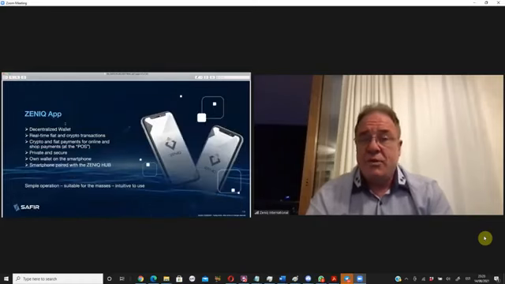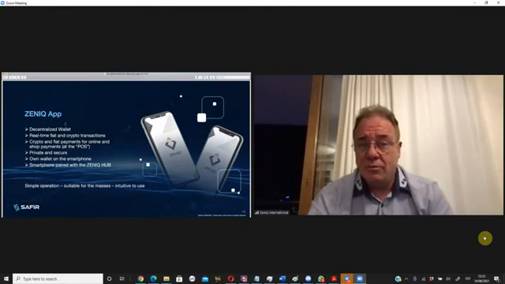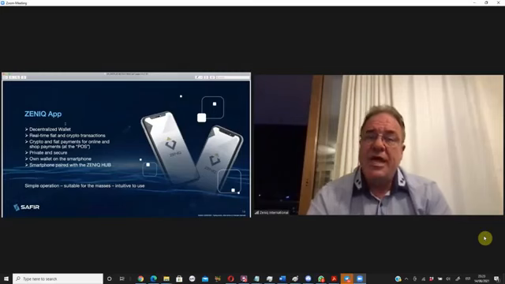Of course, then we also have the Zeniq app, which is downloadable from Google Play, and it will also in the very near future be downloadable from the Apple App Store, which means that you can maneuver everything from your cell phone. And you also have a decentralized wallet on your phone, which means no one else than you has total control.